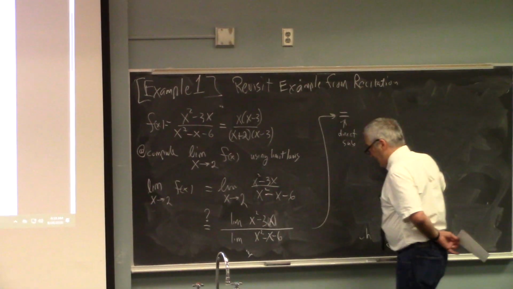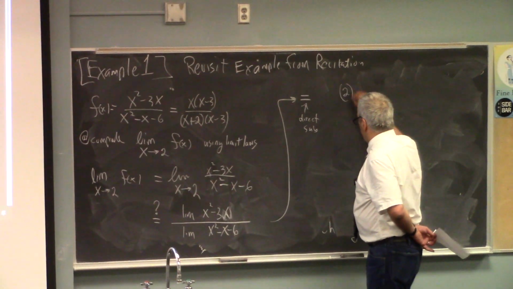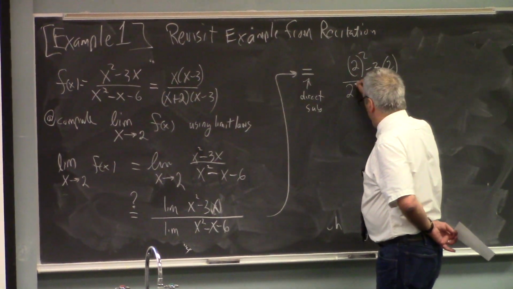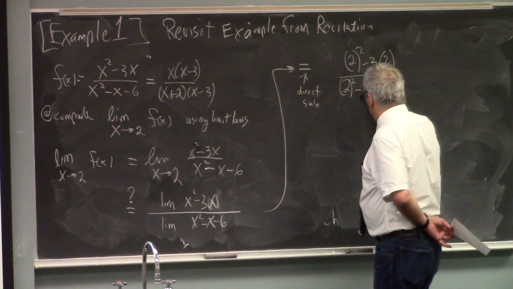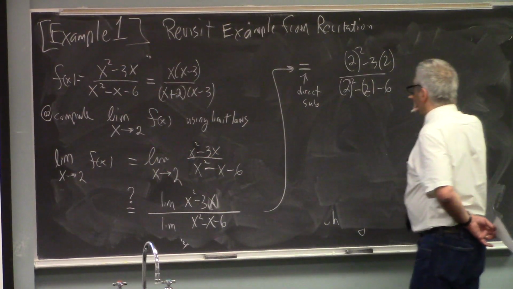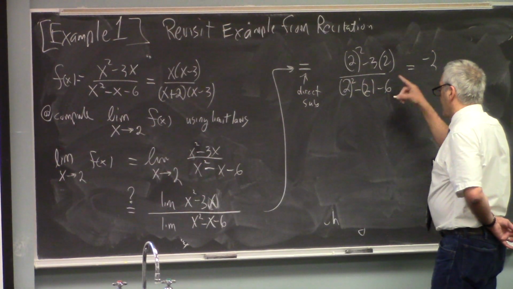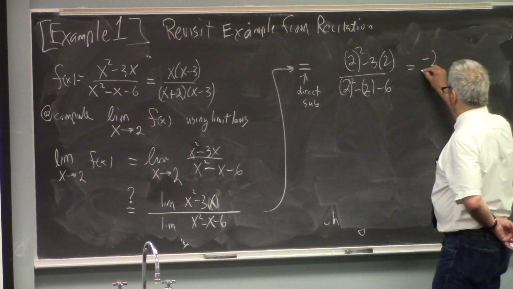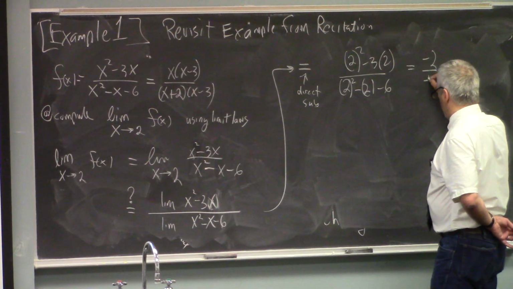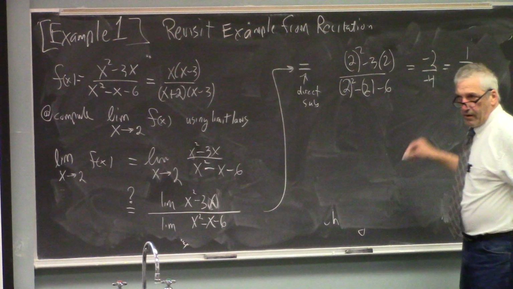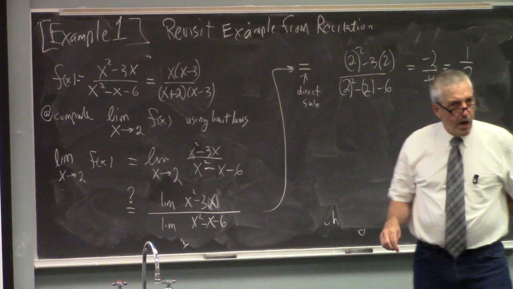So what happens? I get 2 squared minus 3 times 2 divided by 2 squared minus 2 minus 6. So that's 4 minus 6, so that's minus 2. The bottom I get 4 minus 2 minus 6. So is that minus 4? So that's 1/2. Is that right? Now I think that's the number that you got.